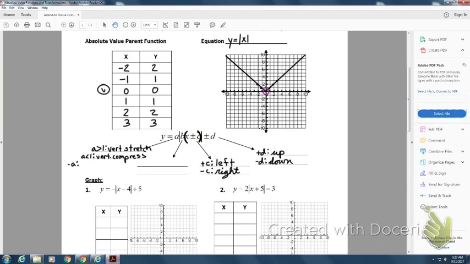It's outside, so it's still going to affect the Y values. But if I had negative absolute value of X, that would just take all these and make them negative. And so what would that do to the graph? Reflect over what axis? The X-axis.